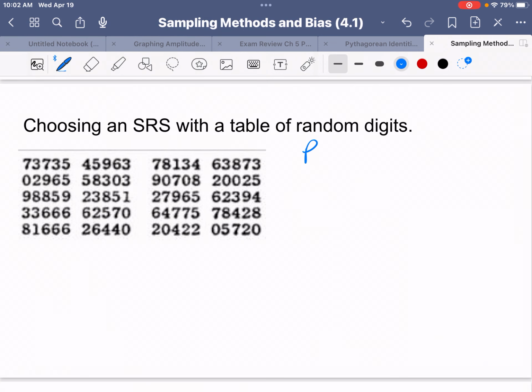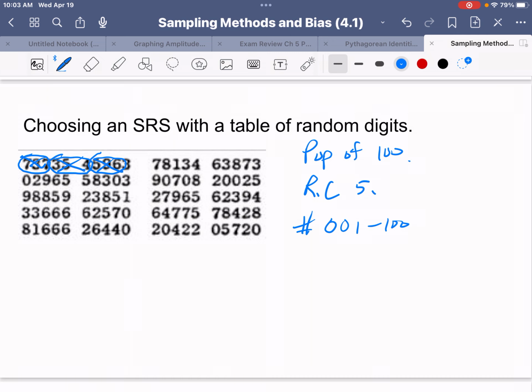Now, just in case you might need to remember this, what if I said I had a population of 100, randomly choose 5? Well, if you number the people 001 through 100, this is horrible. There is no person 737. There is no person 354. There is no person 596.